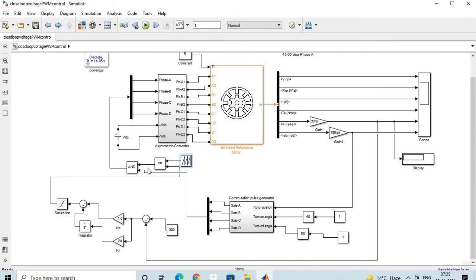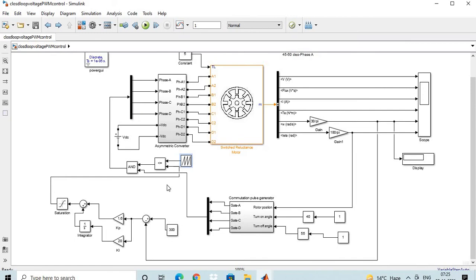Then this output signal goes through a logical AND function with the output of the commutation pulse generator, and that signal is given as an input to the asymmetric converter.